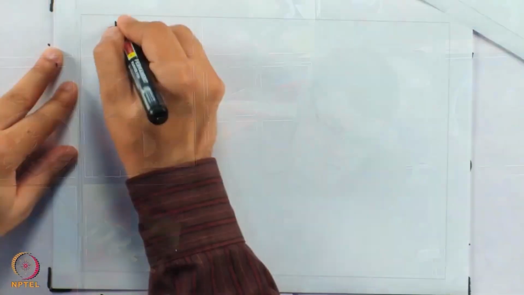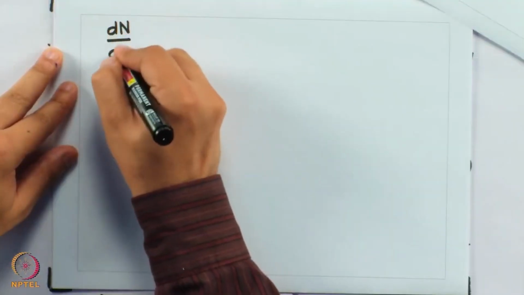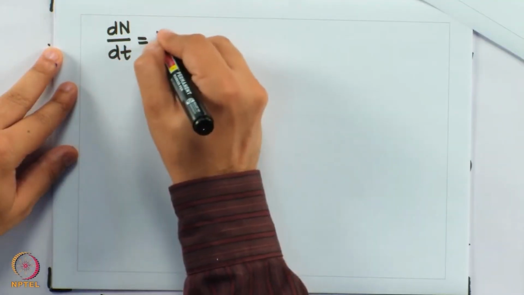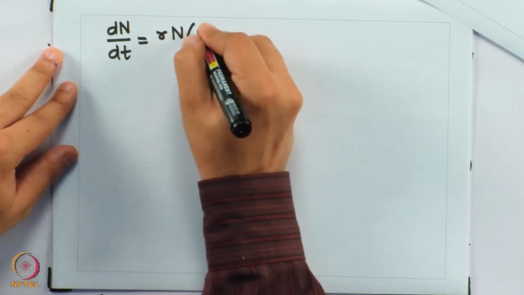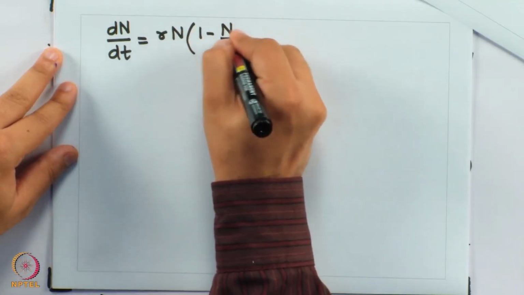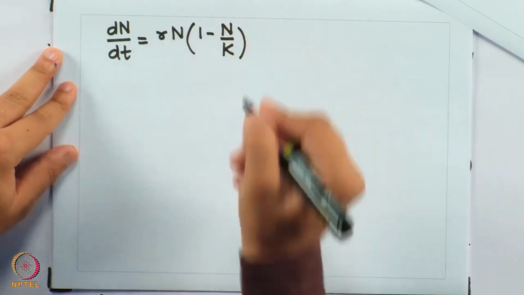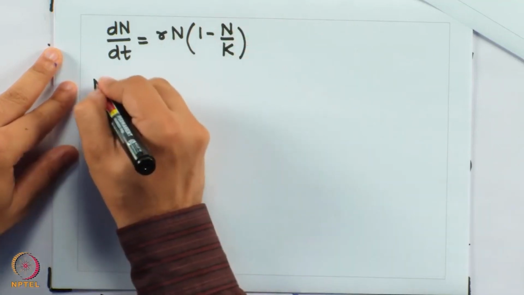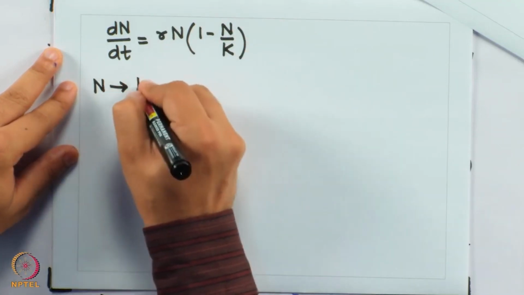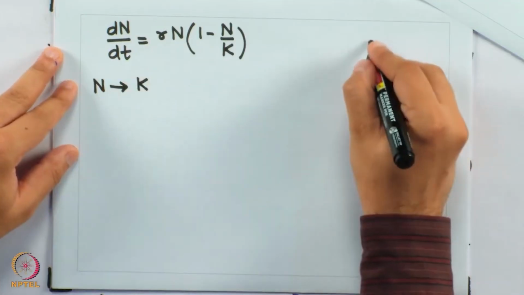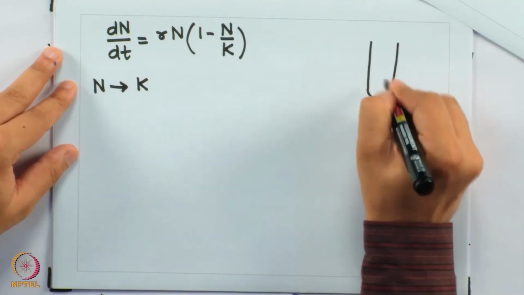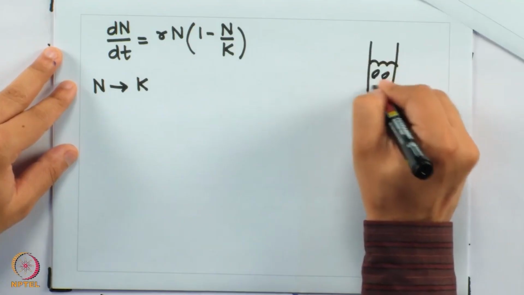What happens as N approaches K? Let's take a look at the other extreme of this solution. So let me just write our equation again. We have dN by dt equals R N times 1 minus N by K. Now when N approaches K, that means the number of bacteria in my test tube is approaching 10 power 9.